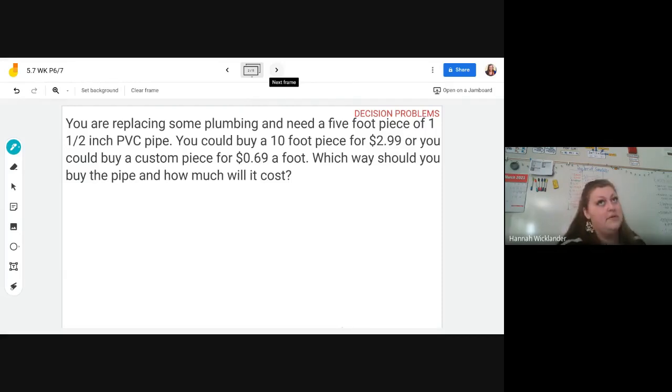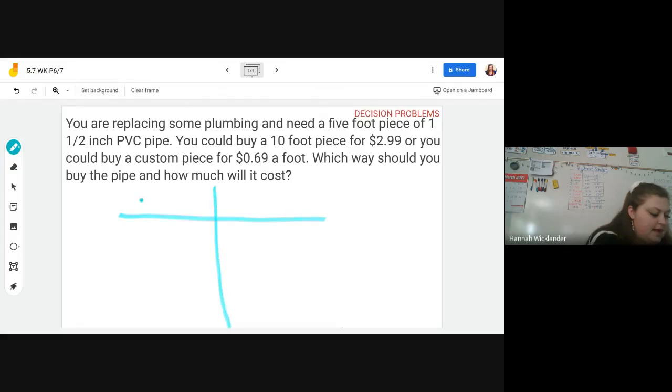So which is going to be the better deal, buying it as a 10-foot piece or buying it for 69 cents a foot? What I like to do when I'm solving these problems is to make a little table. I have the custom piece and the 10-foot piece. Looking at my story problem, the 10-foot piece is $2.99.